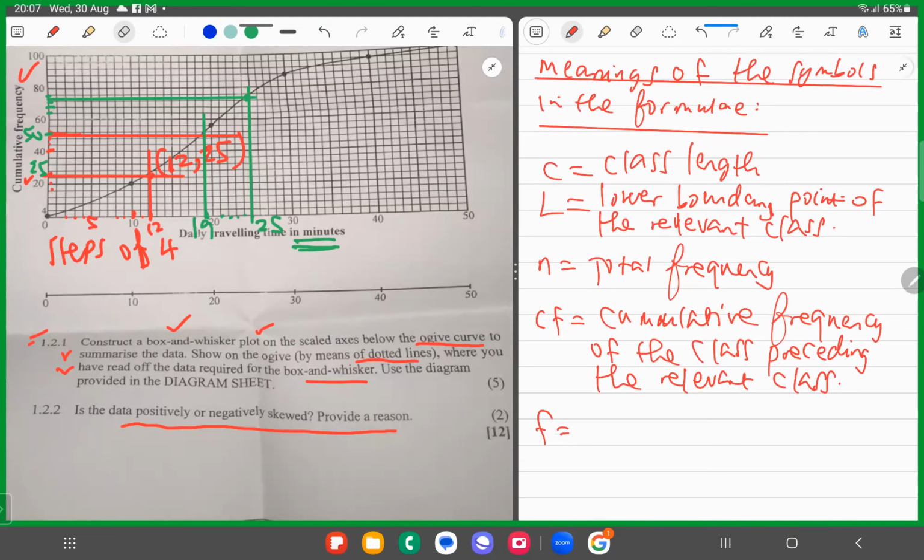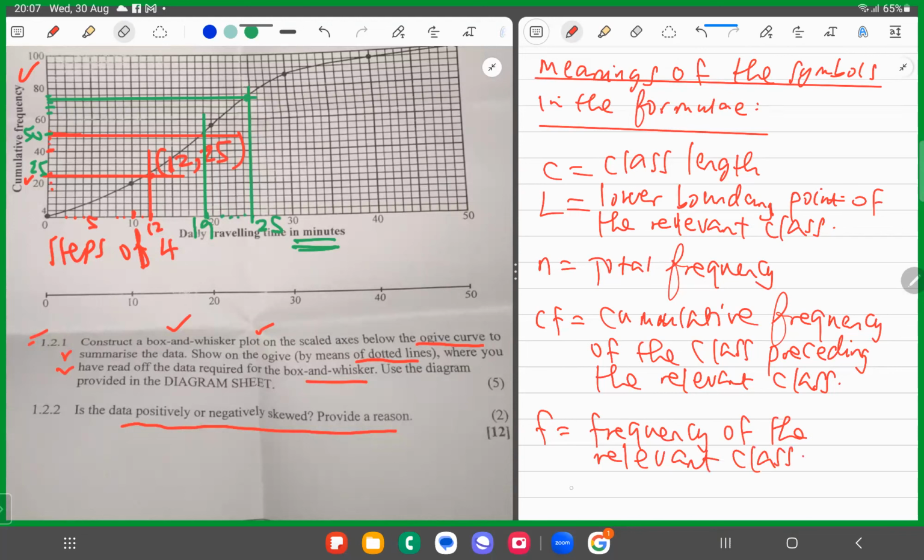And then F becomes the frequency of the relevant class. The relevant class is the class associated with the position of the relevant class.